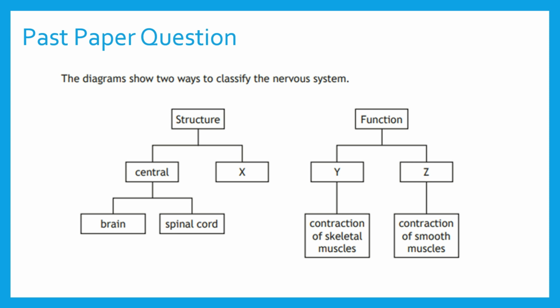So we can see that we've got the central system with the brain and the spinal cord. Therefore X must be the peripheral system. Looking across to the functional diagram, Y controls the contraction of the skeletal muscles, Z the contraction of the smooth muscles, so Y must be somatic, and Z the autonomic.